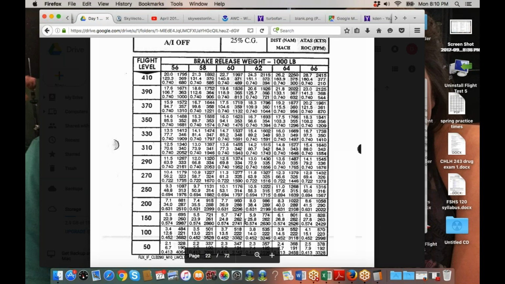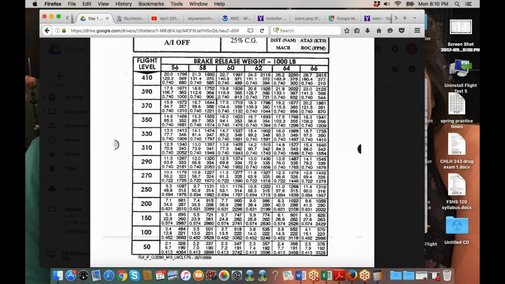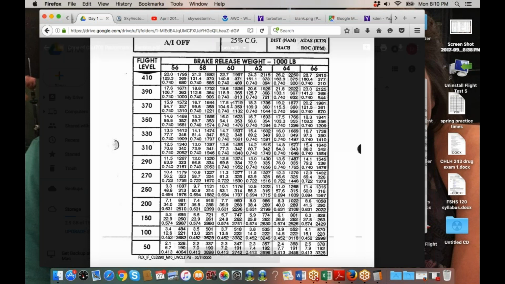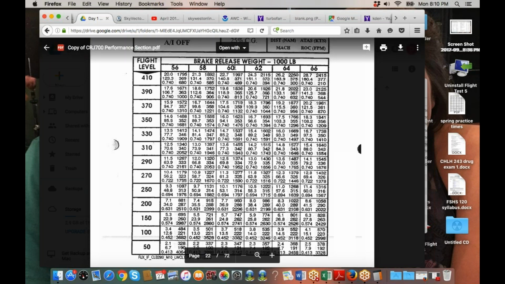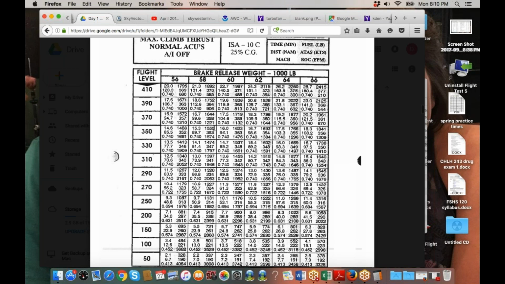So if you ever have to do stuff longhand, well, actually you guys will, at the end of this class when we do the flight planning portion, we'll use all these, but it basically tells you, if you're climbing all the way up to 370 and you're weight released at 60,000 pounds, you're going to burn 1,623 pounds of fuel just to get up there. And it will take you 16 minutes to do it.